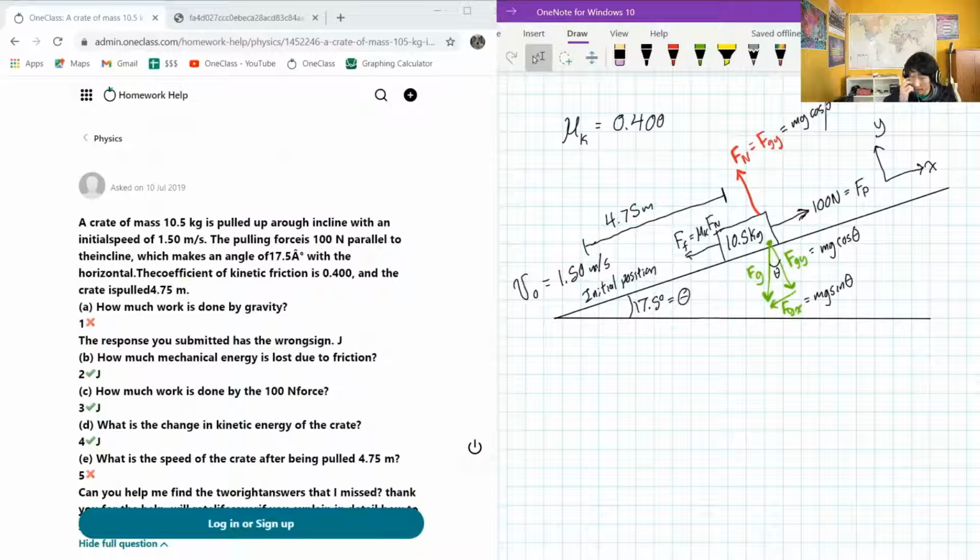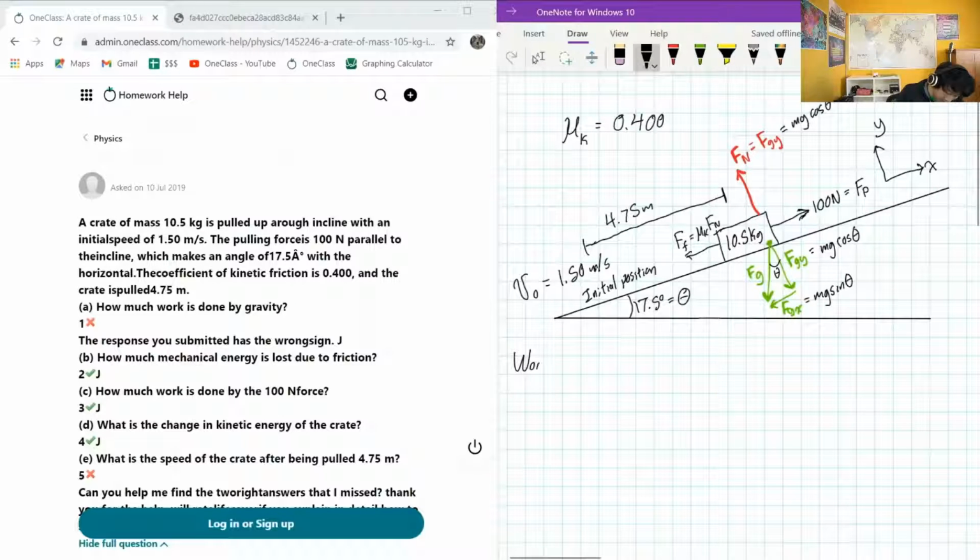Right, and we know that since this system is only moving parallel to the surface of the slope itself, the work done is the dot product of the force times displacement, and we only really need to consider FGX and multiply that with the distance that it travels, and that will give us the work.